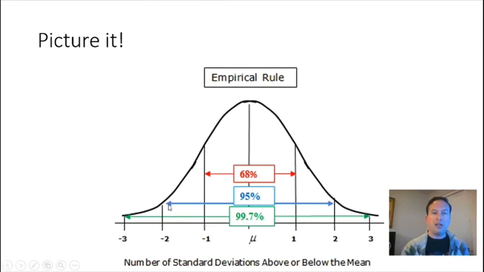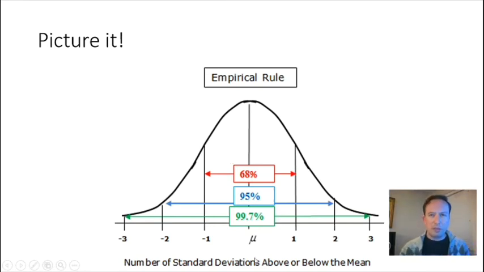If you go out to -2 and 2, you'll have a big chunk of area that I'm circling here. About 95% of your graph will be contained in there. And then -3 to 3, the green portion, will take up about 99.7% of the plot.